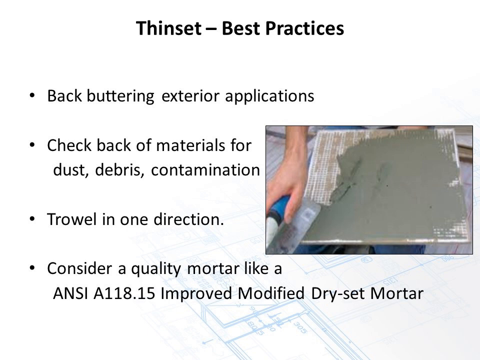Then it's frozen for 14 days at, I forget the exact temperature, but it's frozen literally. And then it has to go through a shear bond test after the 28 days and reach 400 psi or better. So when it comes to 118.15 mortars, it's more than just adding more cement, more binder if you might. You also have to have a good quality polymer in the mix as well.